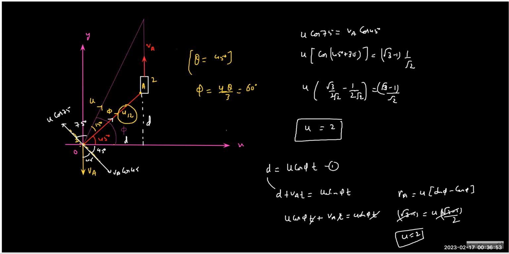If relative motion clicks, it's a really good method. If it doesn't, then you have to struggle a bit. The condition for collision is a very important concept, not only in this chapter, but you may come across it in other chapters also, like center of mass. So the idea will be there.